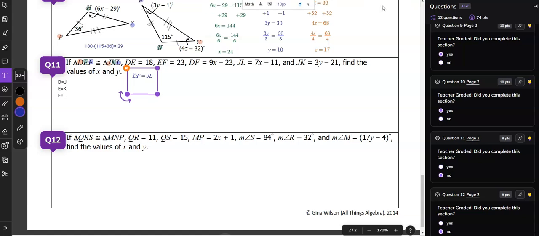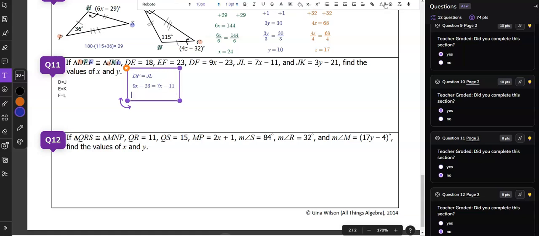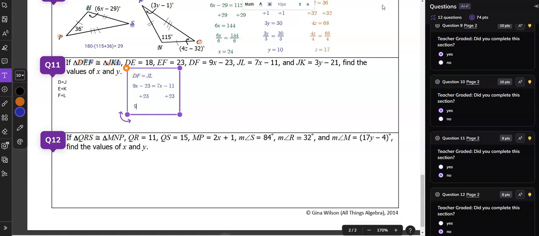All right, so we're going to put 9x minus 23 will be equal to 7x minus 11. I'm going to add 23 to both sides, which is going to give me 9x is equal to 7x plus 12.